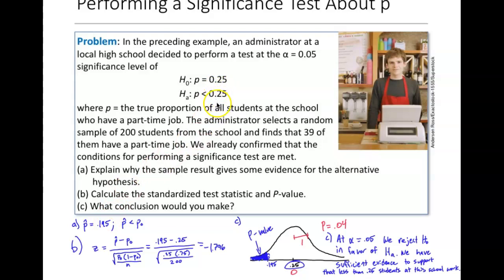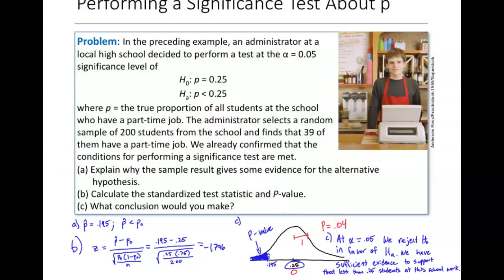I think less than 25% of the students at that school work, right? And your threshold for how unlikely that has to be is your alpha. If your p-value comes below that, you reject in favor of the alternative. If your p-value is above that, you fail to reject, meaning you don't have enough evidence to support your alternative.